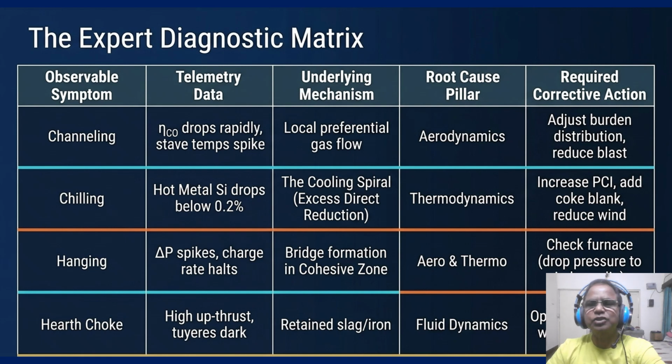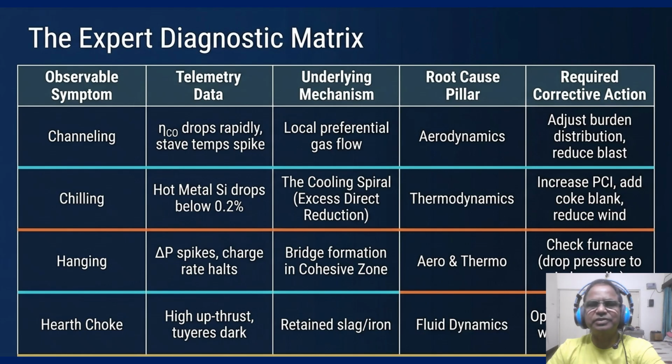For hanging, spikes and charging stops, you must drop the pressure to induce a controlled slip. Finally, for hard choke, when the tuyeres go dark, the root cause is fluid dynamics, and you must open the tap hole and slash the wind to a minimum.